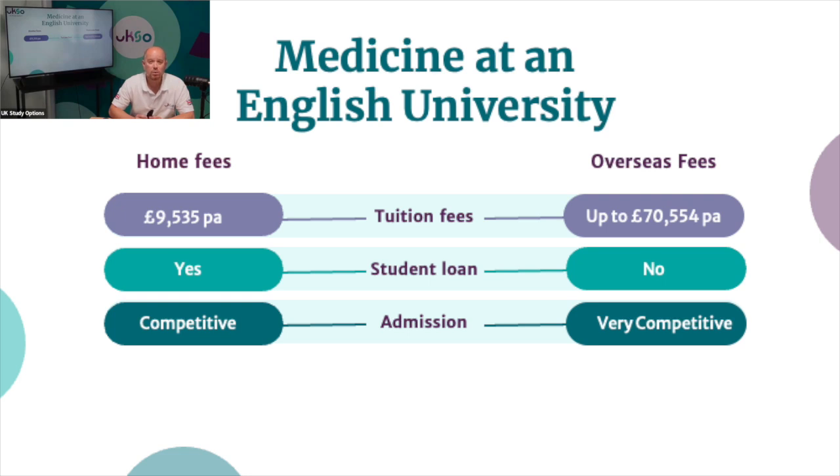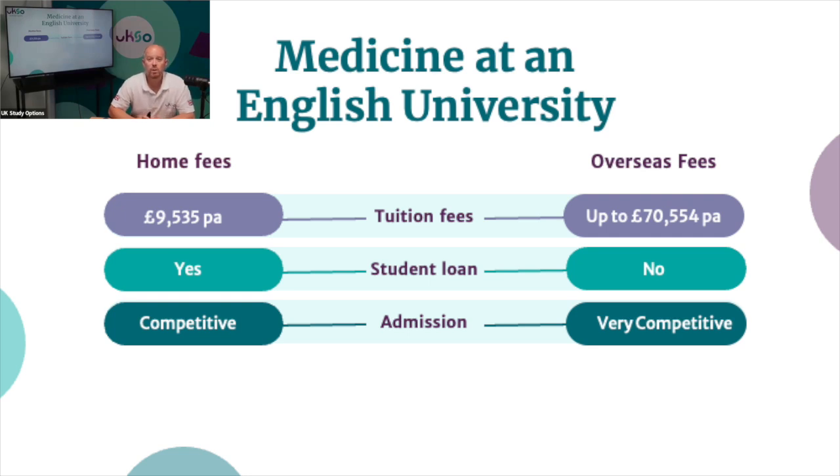Up to is important. So there are universities in England where you can study a medical degree for less than £70,000 per year. You might find a university offering fees for £40,000 or £50,000 per year. But the most expensive currently is at Cambridge University, and you'll pay £70,554 per year in tuition fees.